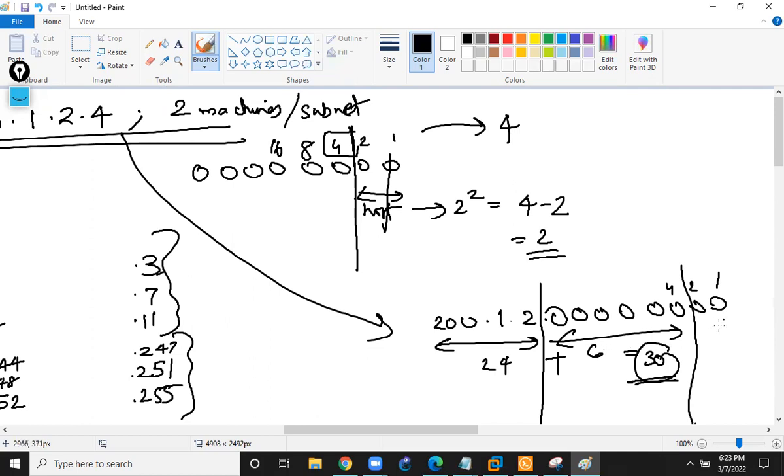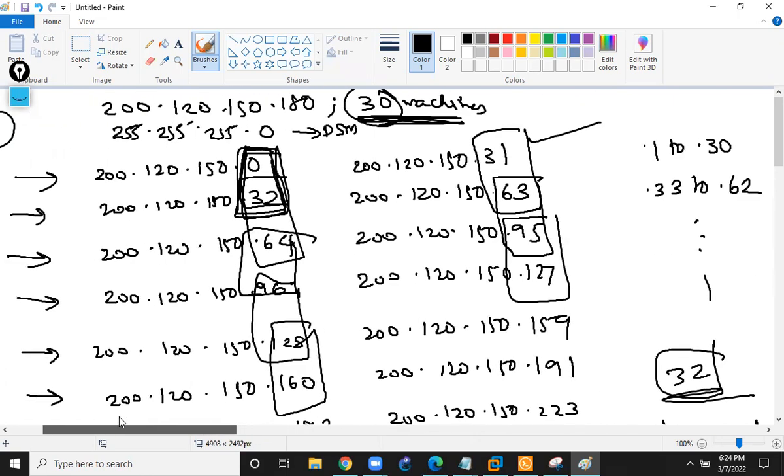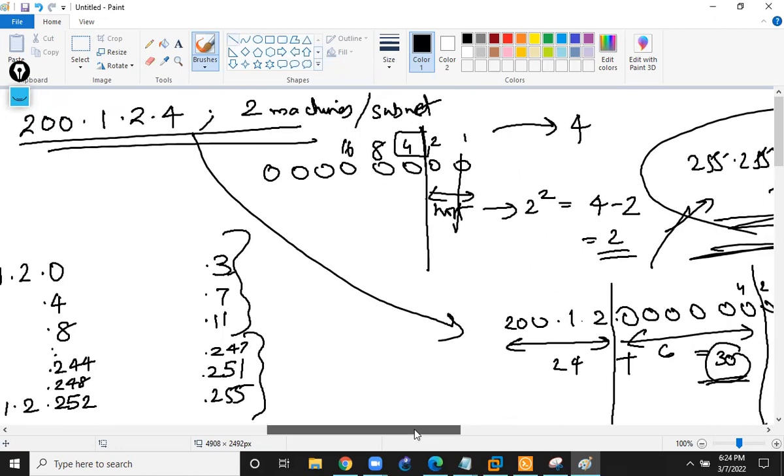So 30 ones will be there, and you will get 255 dot 255 dot 255 dot 252. Rakesh, I suppose 248 was for the previous question. This question is 252.